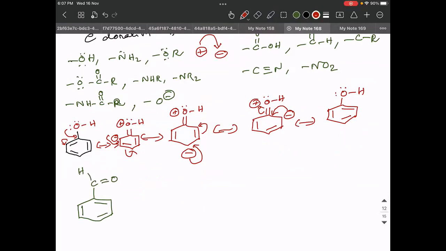Let us observe. Now, if you ask what happens, the carbon itself is positively charged and the oxygen is negatively charged. Okay? Then the ring is electron rich. What will this do? It cannot donate the electron because it does not have the capability to donate. So it can withdraw the electron. So it goes like this. Then the structure will become.